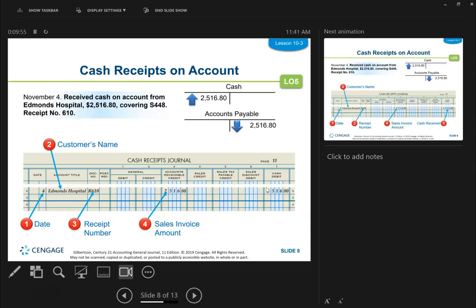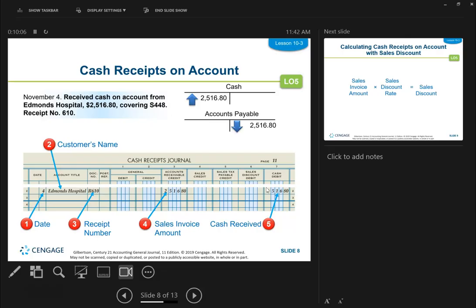So the good debt, the money people owe to us, is decreasing because somebody's paid off some of their debt. So that's a credit. And then we have a cash debit because money came in, right? Cash money comes in. Is everybody okay with the debits and credits here? Okay.